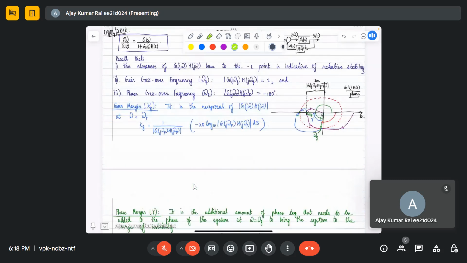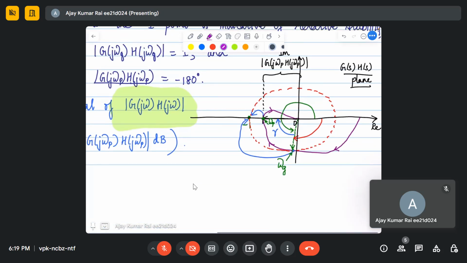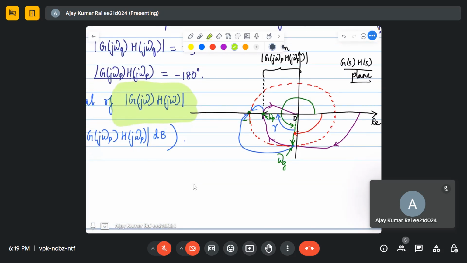So what is gain margin? It is the reciprocal of the magnitude of the open loop sinusoidal transfer function. This is the magnitude here. Why the reciprocal? If I zoom this, at this point its phase is equal to minus 180 degrees, but its magnitude is less than 1.